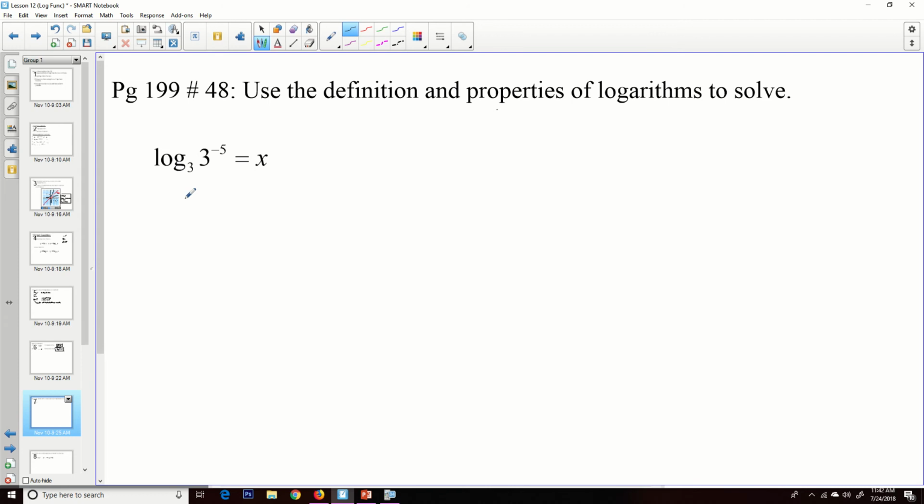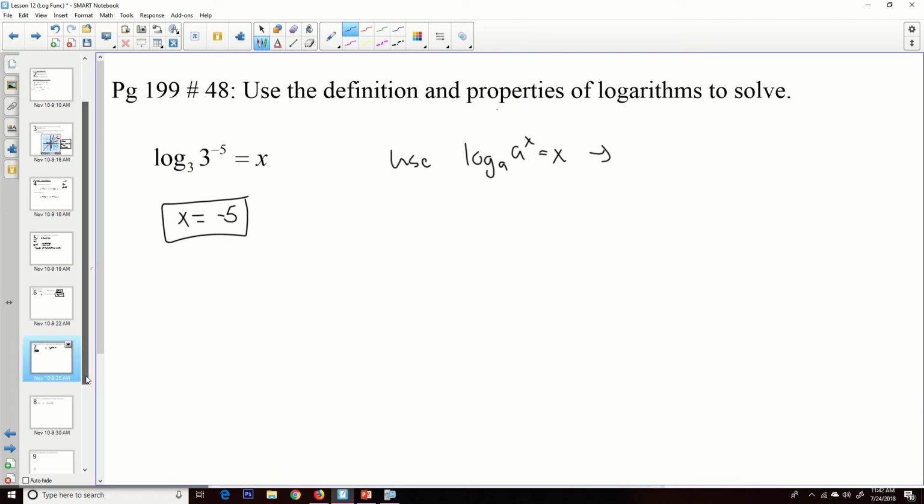Using that property, we can conclude that our x here has to be equal to that value there, negative 5. And we're done with that one as well.